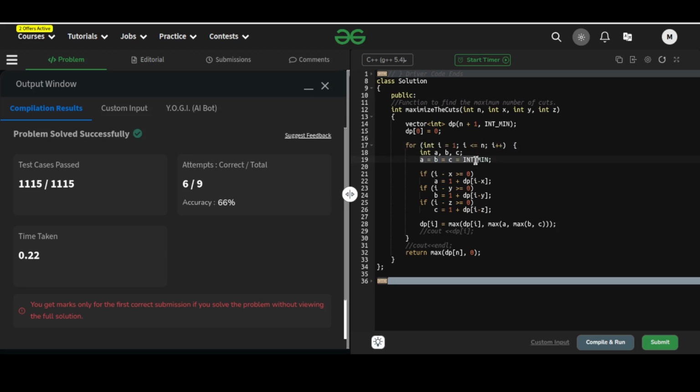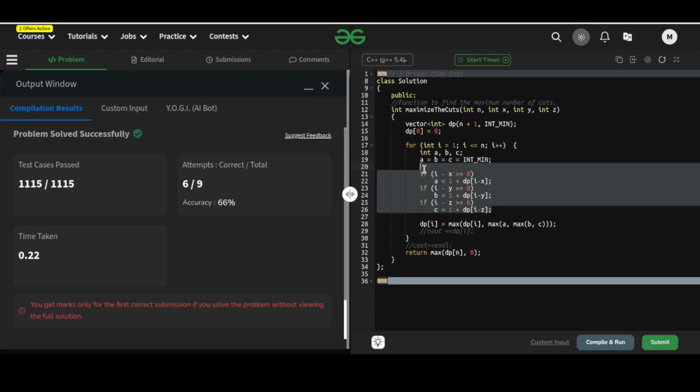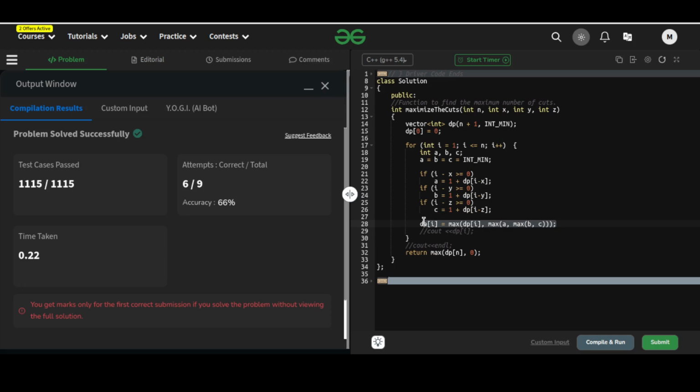And we are computing the values of a, b and c, which is, if it is possible to make a cut, then we will make a cut and compute the corresponding value. And in order to update the value of dp of i, we just have to find the maximum between those four numbers. And towards the end, all we have to do is return the maximum of dp of n, comma 0. So that's the C++ implementation, folks.